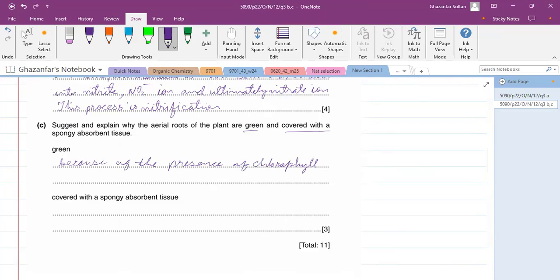So this is the reason that these aerial roots contain chlorophyll.